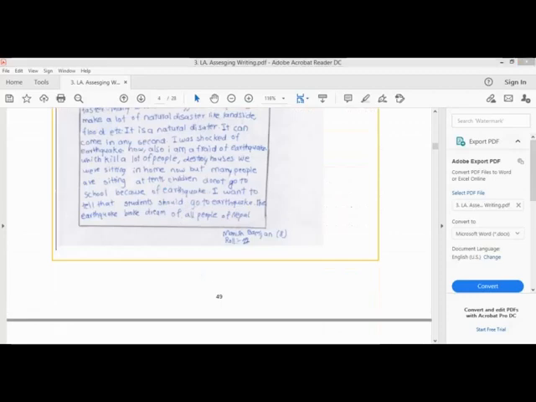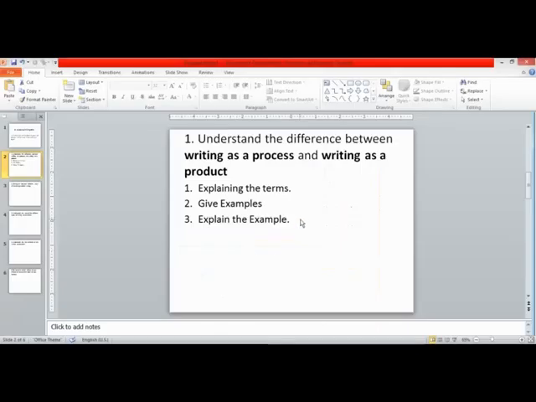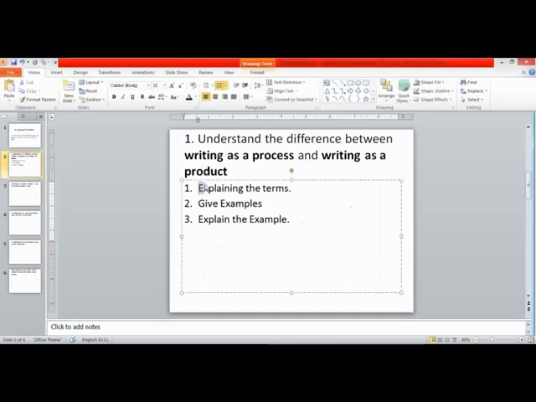If you do not want to write it, you can present it, just like me. Present and record. Explain the terms: writing as a process means what? Writing as a product means what? And then the example.